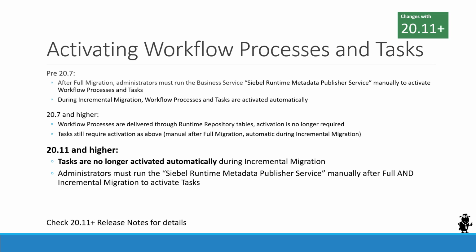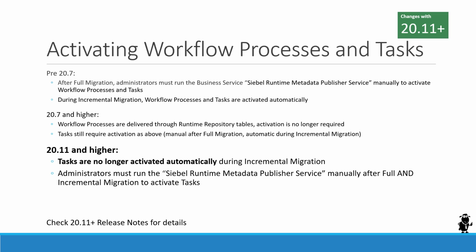So if you are on a Siebel version prior to 20.7, if you use the full migration in the migration application, then after the repositories are renamed and the Siebel enterprise is restarted, administrators must run the Siebel runtime metadata publisher service, that business service, manually to activate all the active workflow processes and tasks that are delivered by the full migration to the mandatory design repository tables.